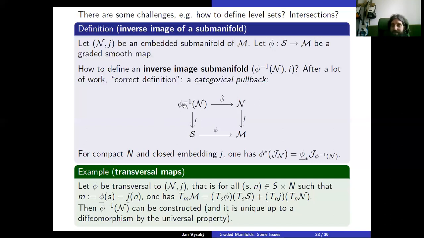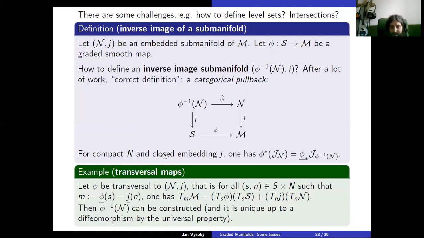They have to be graded smooth maps, and this I has to be an embedding. And there is also a universal property which is very important, saying that if there is another such diagram, there is a unique map from this guy to this guy, right? And it is a good definition.